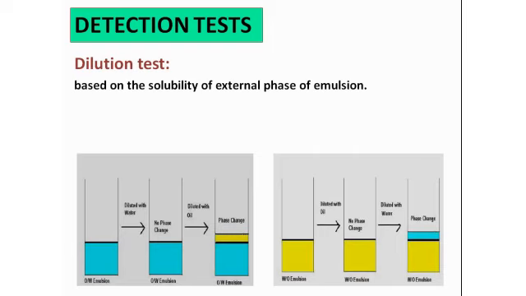So what we can see, if this is a supplied emulsion, you don't know the type. If it is an oil in water type of emulsion, if we add more water, you will see there will be no change of the phase.